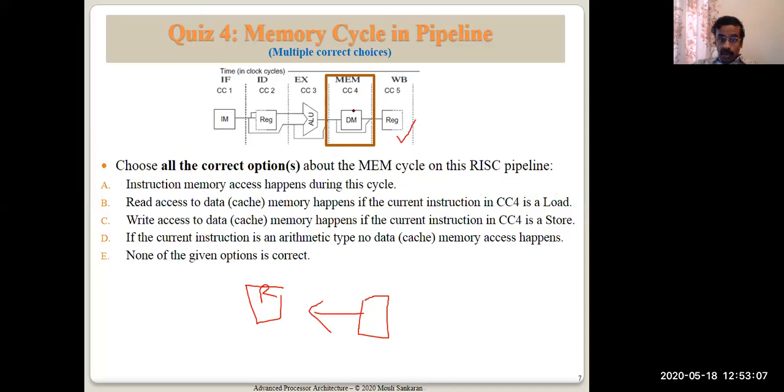If it is a load instruction here, it will read from memory now, and when that instruction moves to the next stage, in the next cycle, the actual writing into the register will happen. Reading is happening here. Writing into the register happens in the next cycle. That is for a load instruction. Now suppose a store instruction is in this stage.